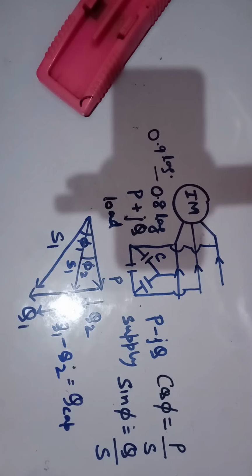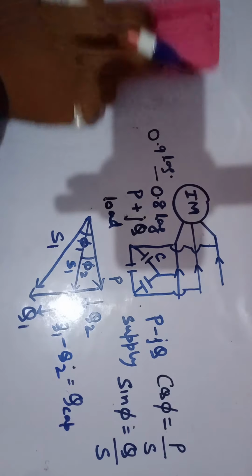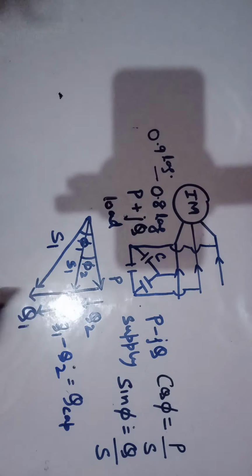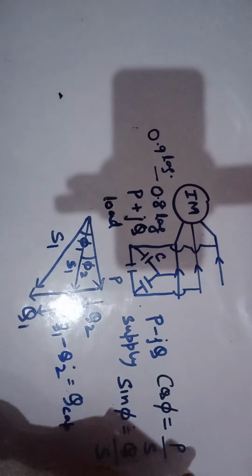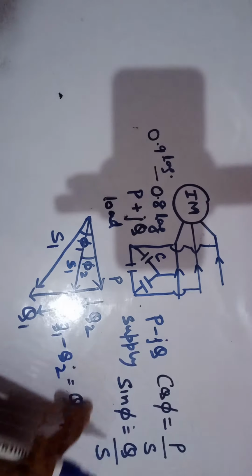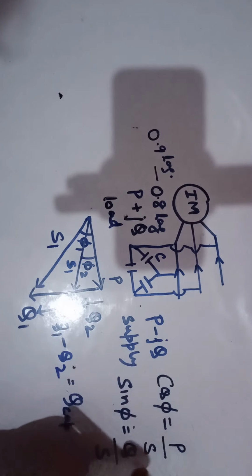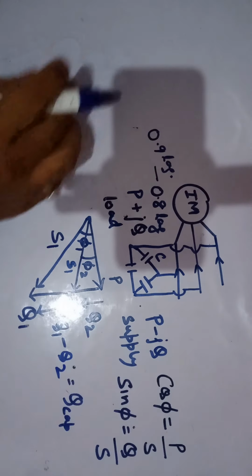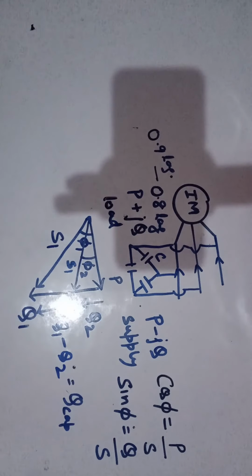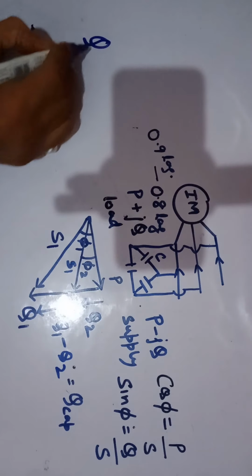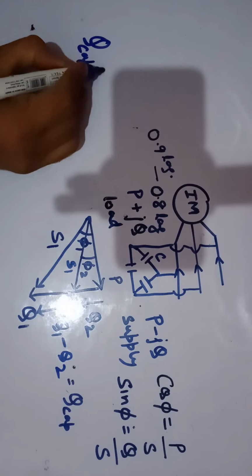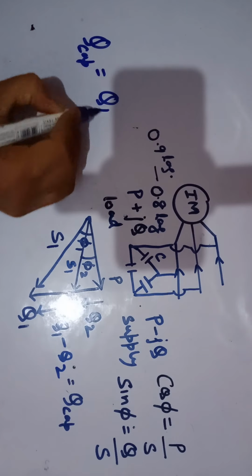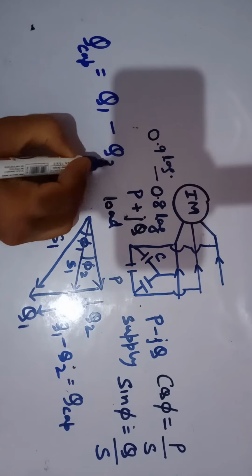Now I want to derive something in terms of Q, and as I have shown here that cos phi is P by S. I want to note how much power is supplied by our capacitor, that is Q capacitor. So Q capacitor is Q1 minus Q2.